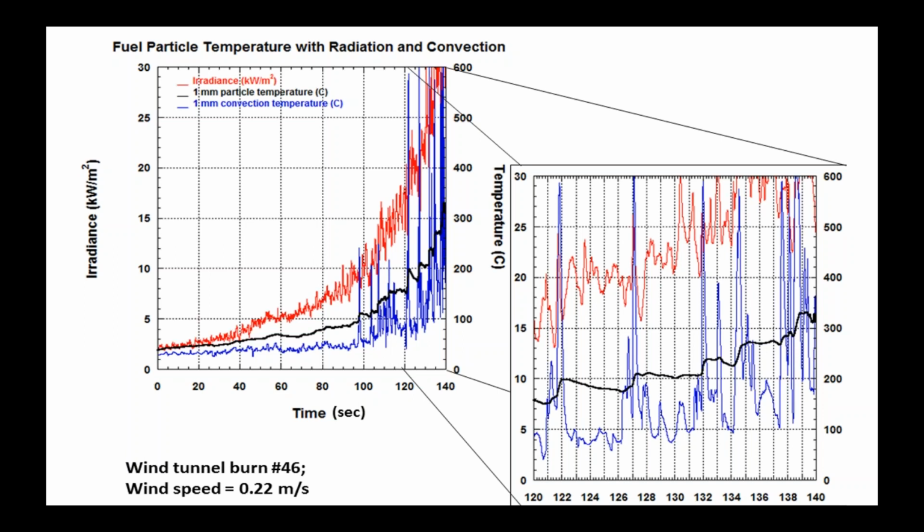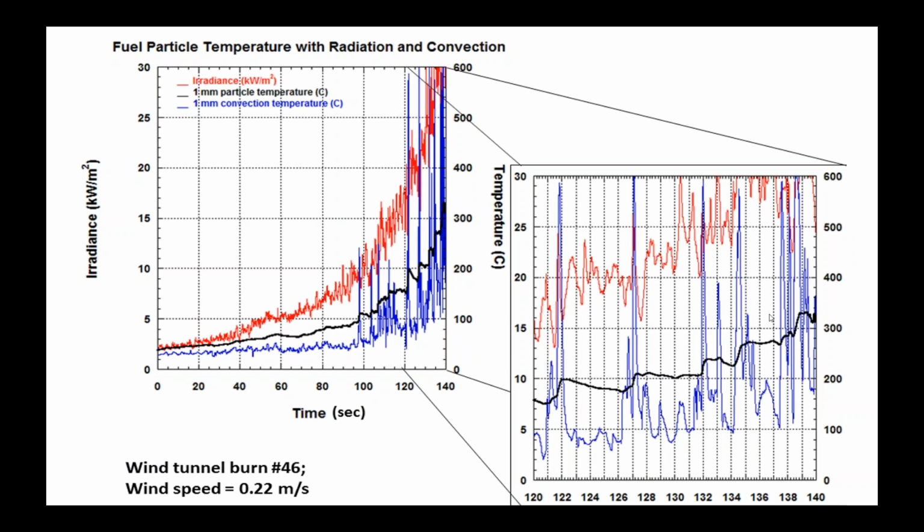Then it gets hit by another burst right here at 126, and then it cools off a little bit, and it keeps getting hit by these bursts, and eventually stair steps its way on up to ignition. So the fuel particles are responding to this intermittent heating and cooling that's experienced out in front of the fire.